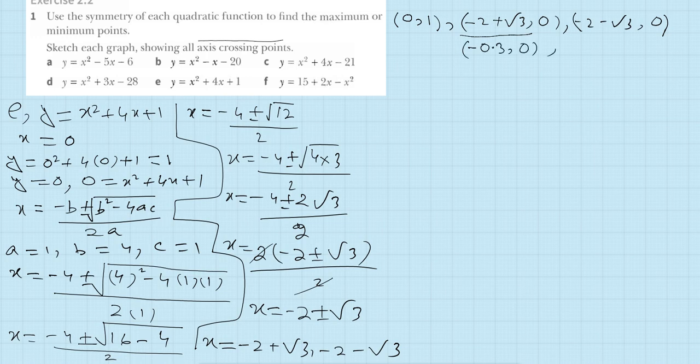So instead of writing minus 2 plus root 3, minus 0.3 is more comfortable. Minus 2 minus root 3, so this is minus 3.7, comma 0.